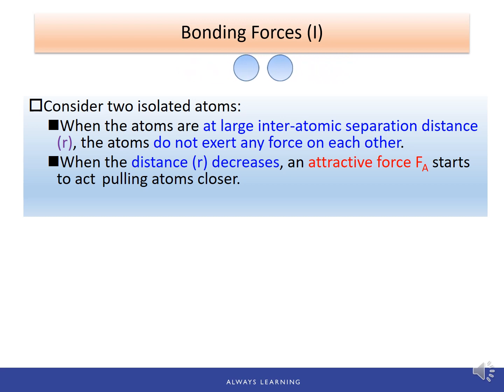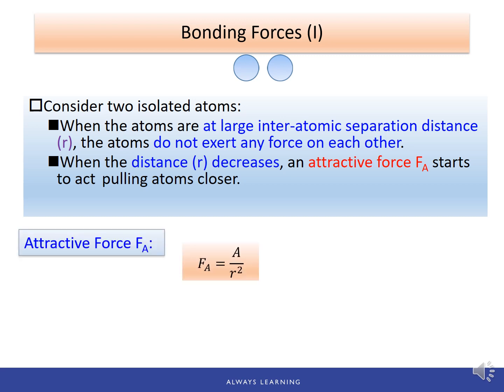And the relation between this attractive force Fa and the distance R is given by the following formula, where Fa equals A over R squared.